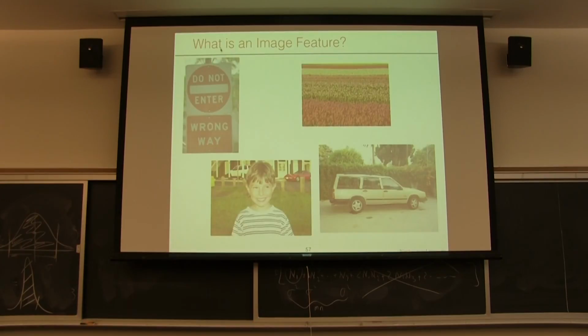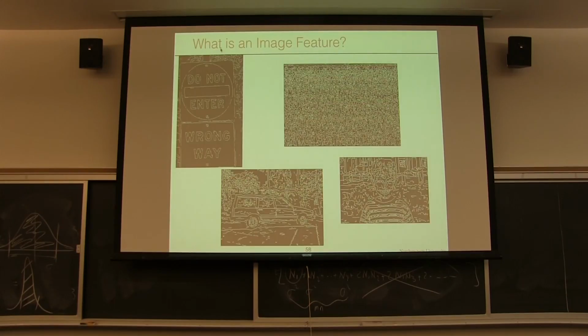That's one feature. In this class, we're going to talk about more features. So here I have a sample of images. One feature, as I said, is edges, and this is that. You can see that in some cases edges are helpful, but in others might not be so much.